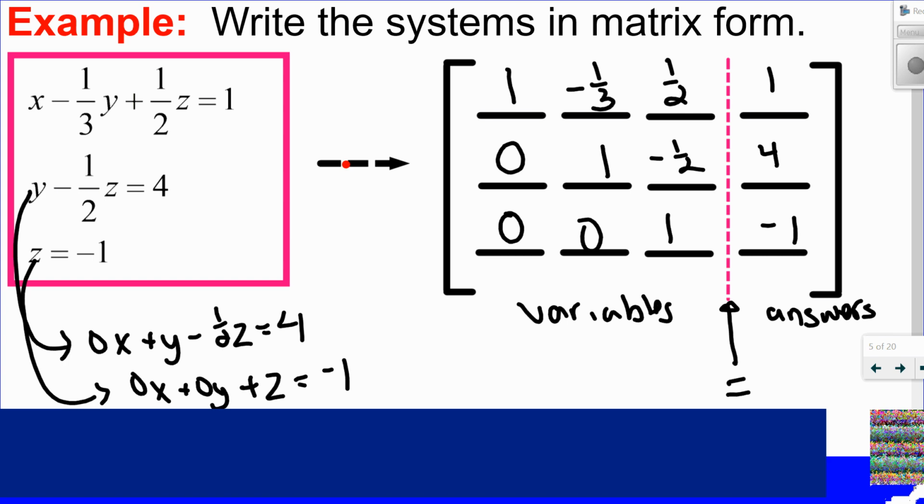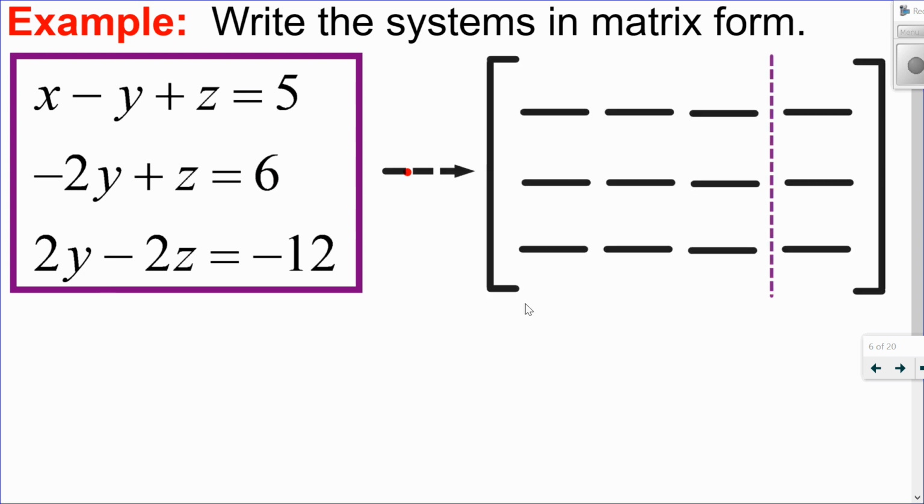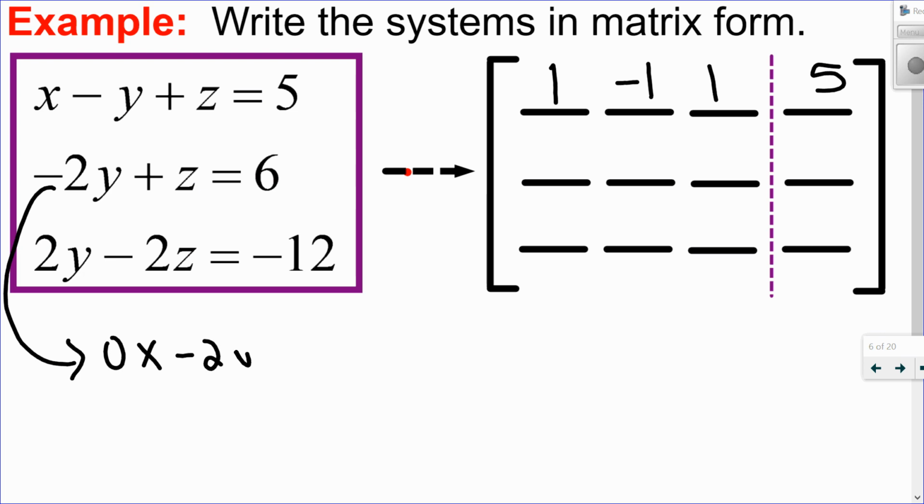Okay, let's try this one here. So again, I have 3 equations, 3 unknowns. I want to write it in a 3 by 4 matrix. So if you look at this x, y, z, the first equation is good to go. So I have 1, negative 1, 1, and 5. My second equation here, I'm missing an x. So I'm going to write that as 0x minus 2y plus z equals 6.